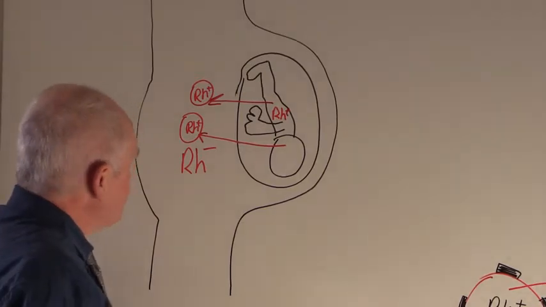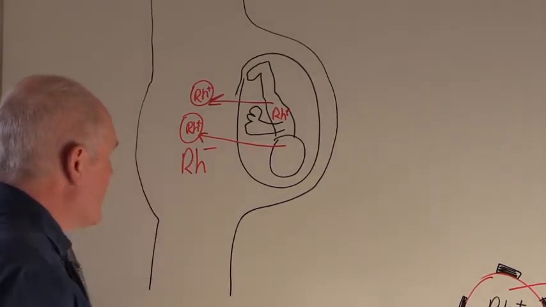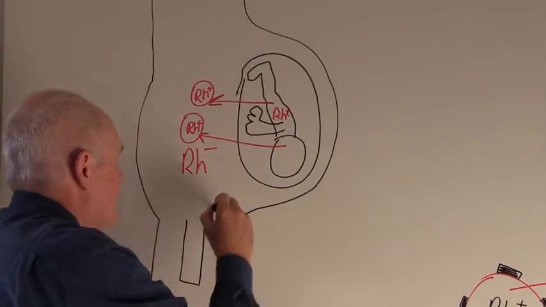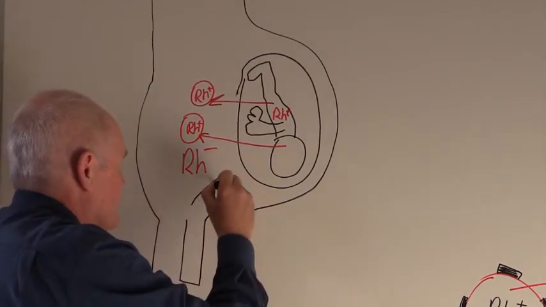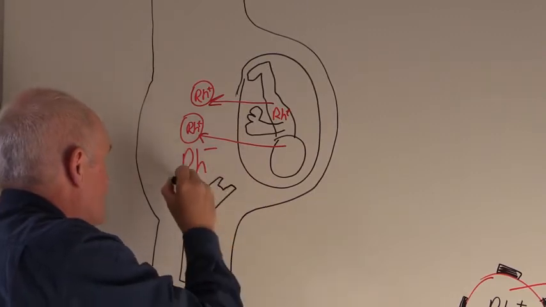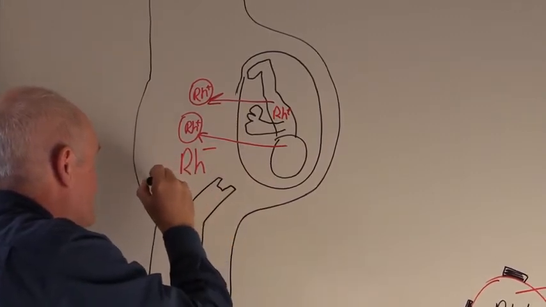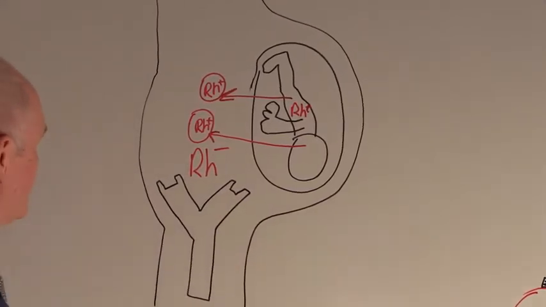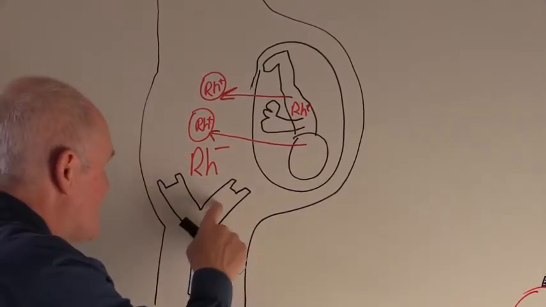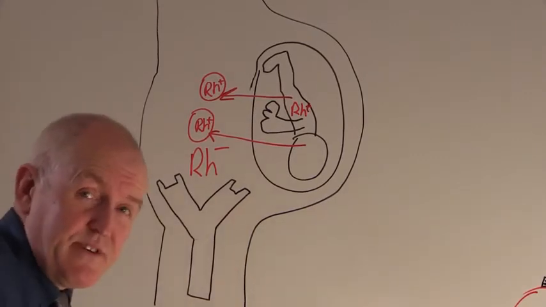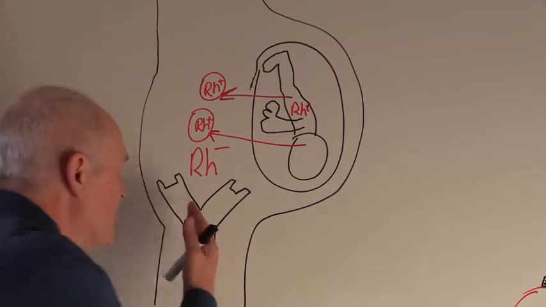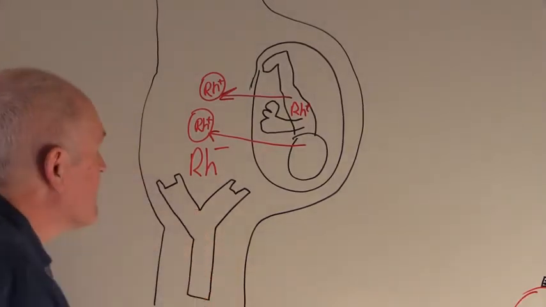Now, what this will mean is that the mother will make these rhesus factor antibodies. In other words, the mother will become sensitized to the rhesus factor. She will make rhesus factor antibodies which previously she did not have. The mother will become sensitized.